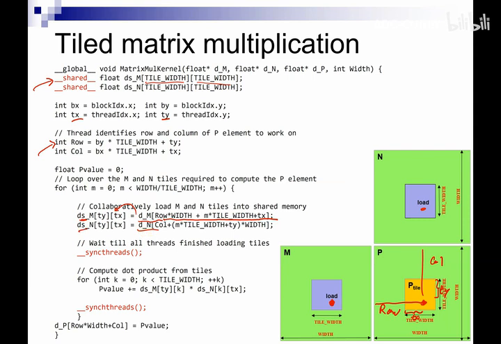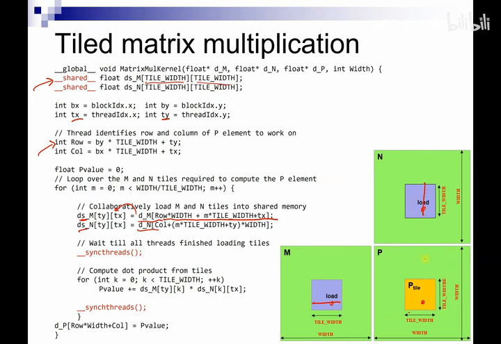Now we need to make sure that all of the threads have finished loading all of this M block and this M block before we do any computations. Otherwise, each thread is just loading one piece of data, in fact two pieces of data, and if it just goes on after loading them, this thread needs to compute this row dot product this column.